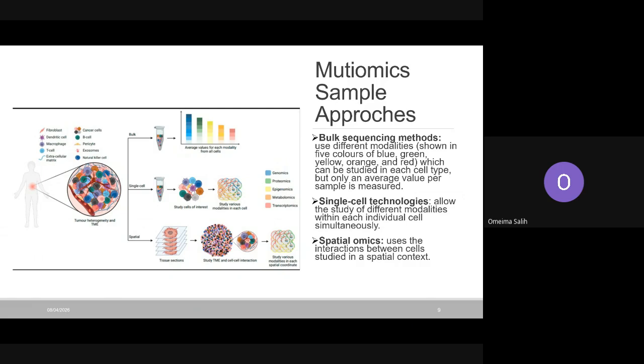Especially, for example, in this study, they are working on cancer cells. So they are targeting certain types of cells within a tissue. They are taking part of the tissue, and a certain location within the tissue they are studying. So this we call spatial omics.